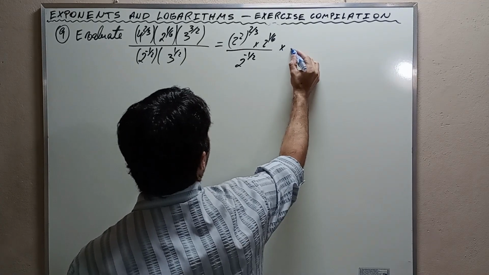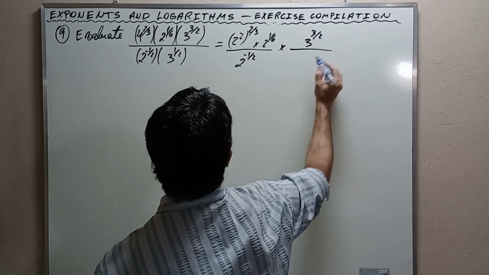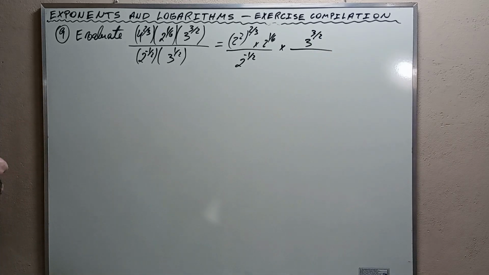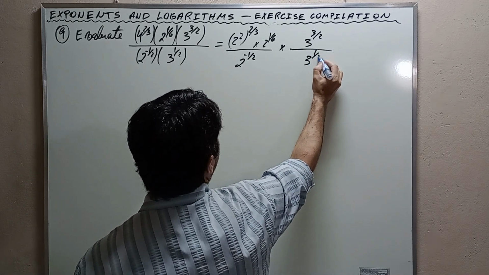And here this side, 3 raised to the power of 3/2 divided by 3 raised to the power of a half.